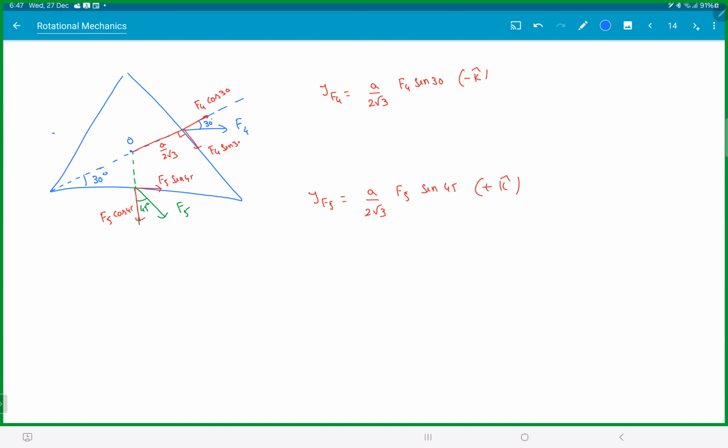A by 2 root 3. How did I get that? It's a big doubt now. Centroid divides the triangle in the ratio of 2:1. Right? Clear, everyone?